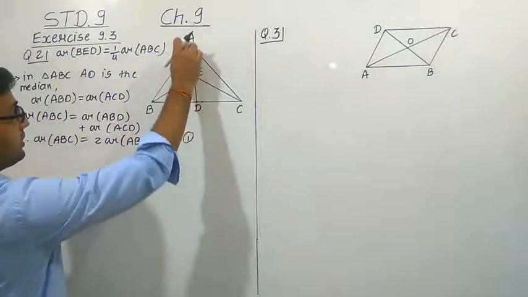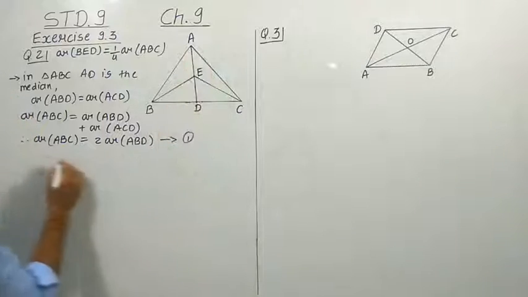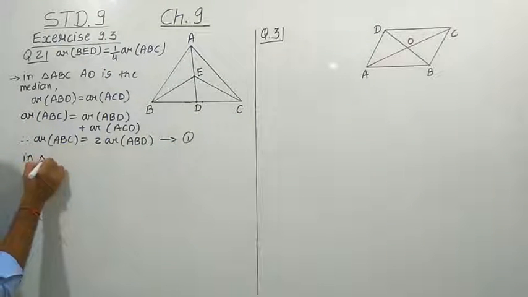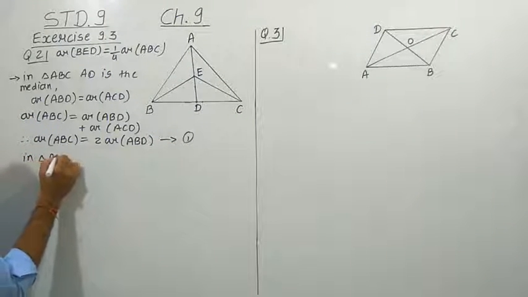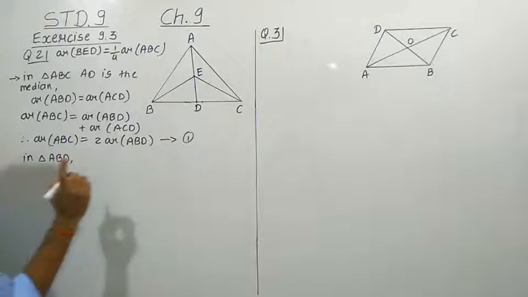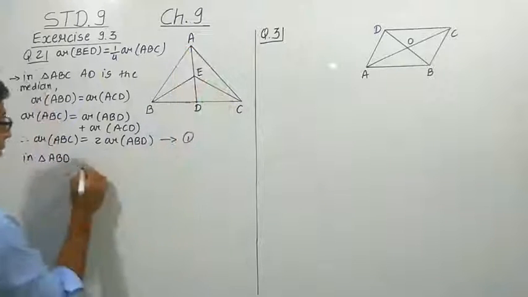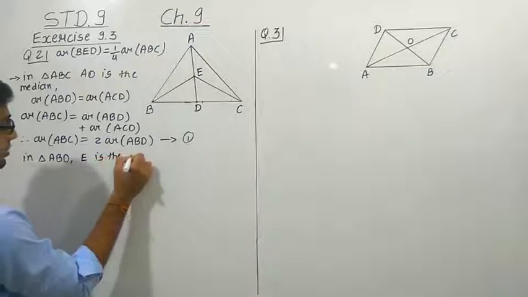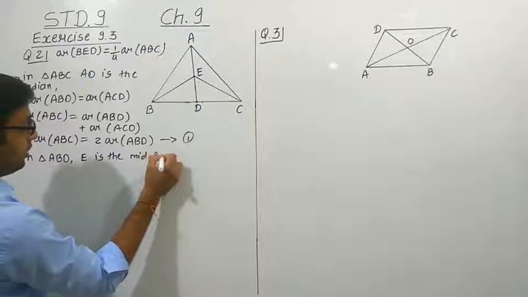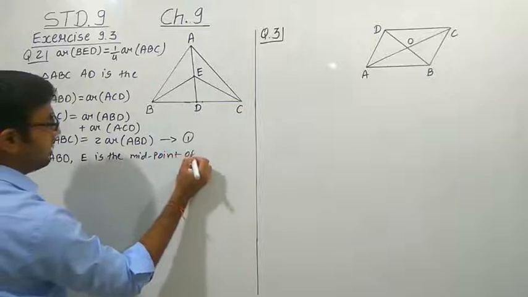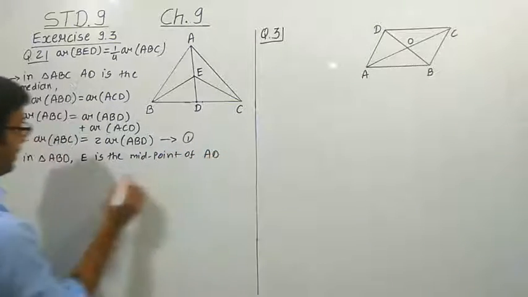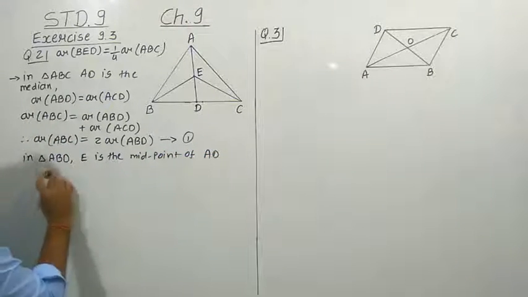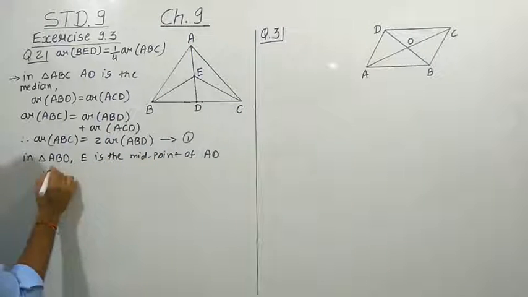Now here, consider this triangle ABD. Here, in triangle ABD, we are given that E is the midpoint of median AD. E is the midpoint of AD. Therefore, we can say that BE is the median.